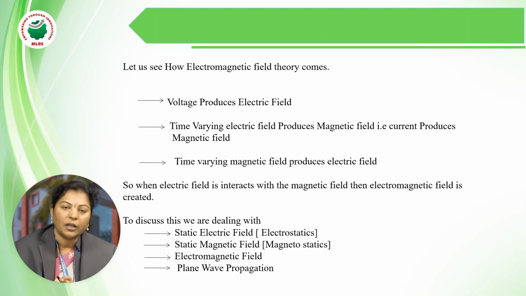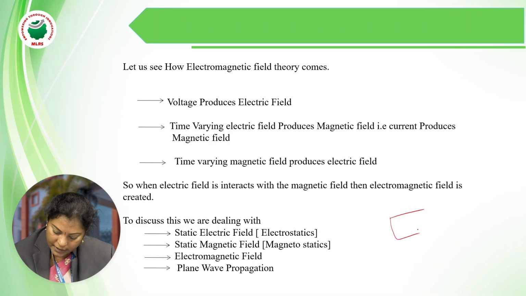Before that, as we know in circuit theory, when we apply a voltage, the current will flow in that particular circuit. That means this time varying voltage will produce a current. For example, take a conductor.